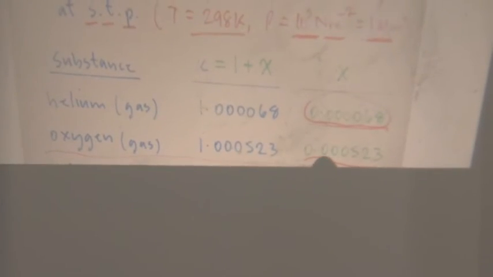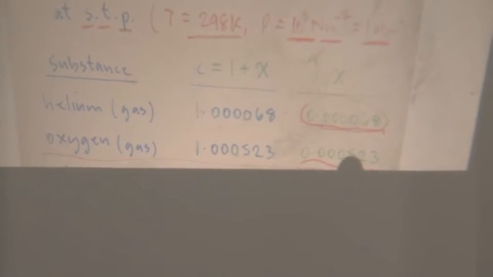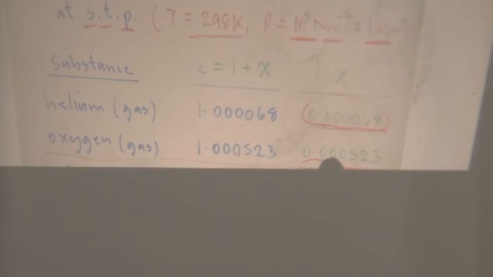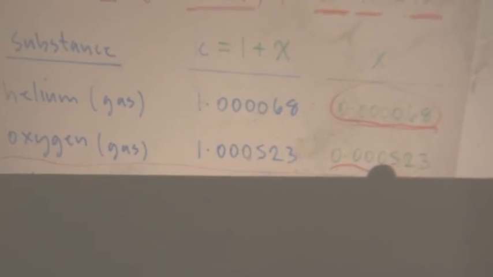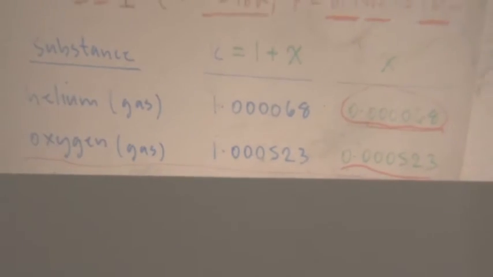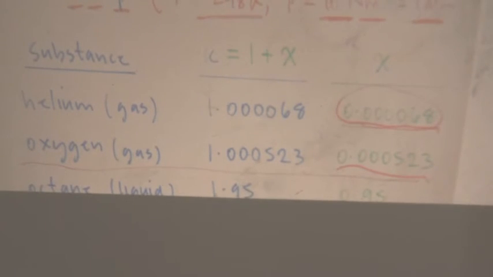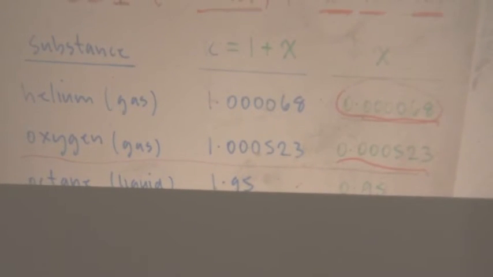The susceptibility here is 5 times 10 to the minus 4, or if you like, order of magnitude 10 to the minus 3. So for gases, we're going to have very low susceptibilities, and therefore dielectric constants very close to 1, which is why, when we've got air inside a capacitor, we can say it's more or less like a vacuum-filled capacitor. We've hardly modified the field at all if we've got air at STP in a capacitor.